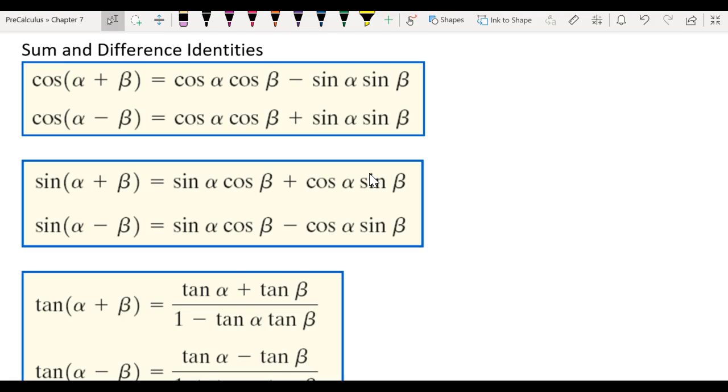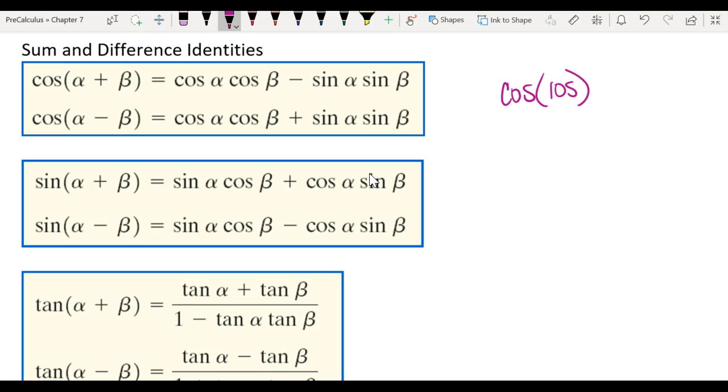Okay? So, how you're going to use these today is you're going to focus on using them with 30, 60, and 45 angles. Okay? And how they work is, for example, they might tell you that you have the cosine of 105. Do we know the cosine of 105? No, we don't.